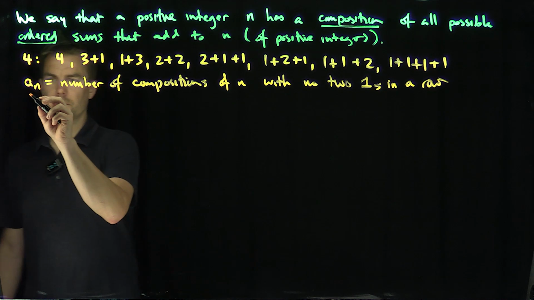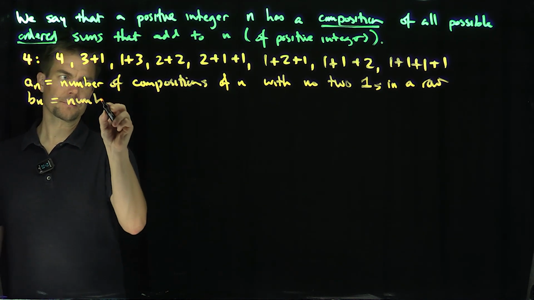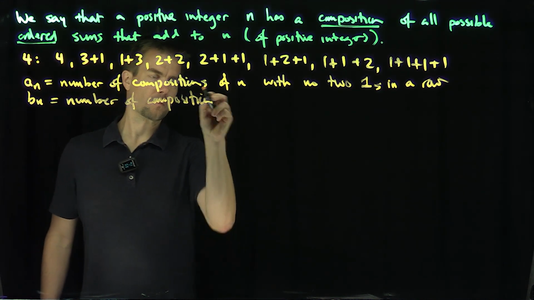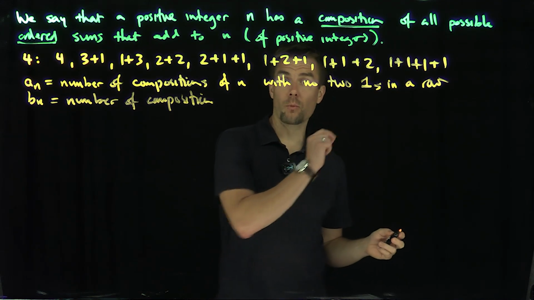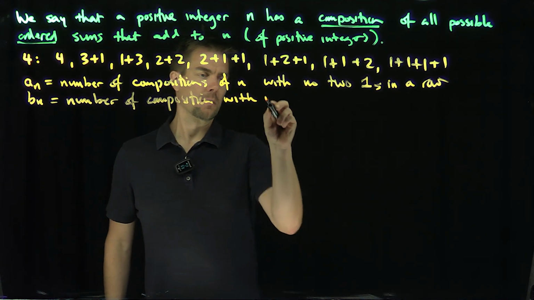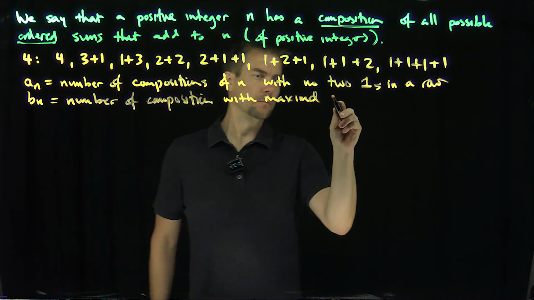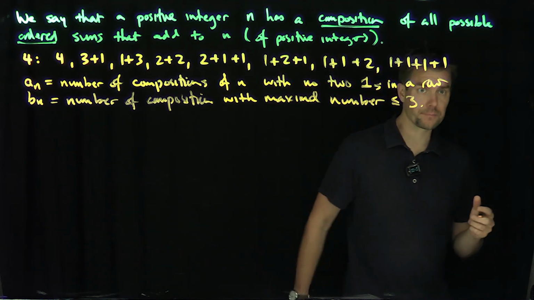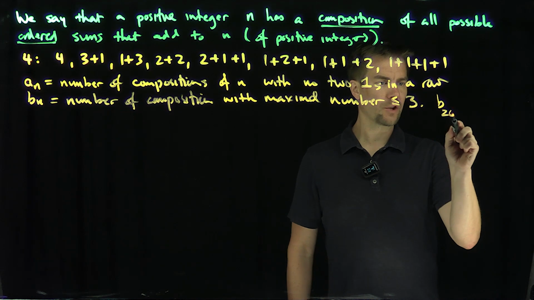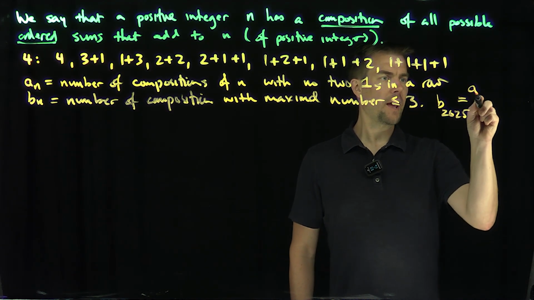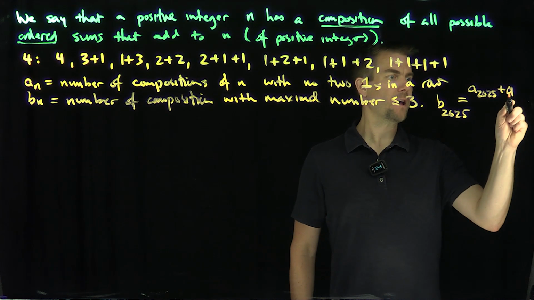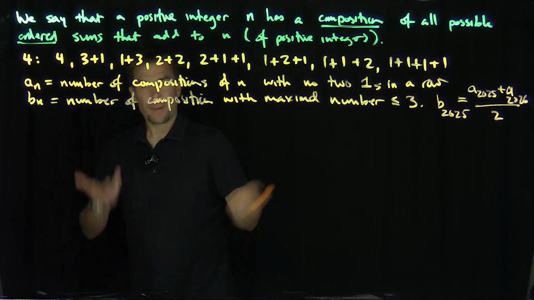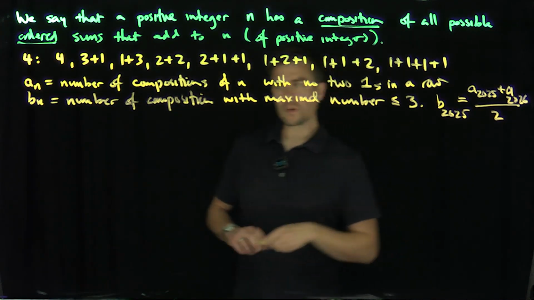And let b_n be the number of compositions with the maximum number being no more than 3, less than or equal to 3. We're going to prove the following. Prove that b(2025) is equal to (a(2025) + a(2026)) over 2. That's our goal, okay? Again, the year popping up is a total red herring.